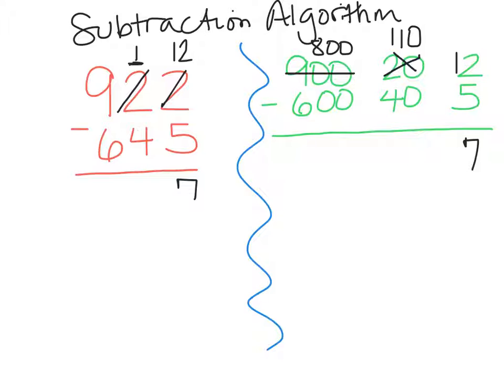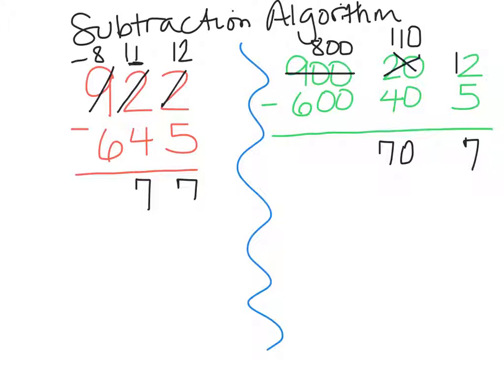In the algorithm, I'm going next door and making my 9 an 8, and making my 1 an 11. Now I can do 11 minus 4, which is 7, or 110 minus 40, which is 70. Then I can do the last one.